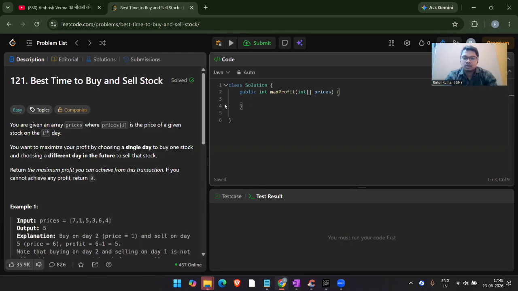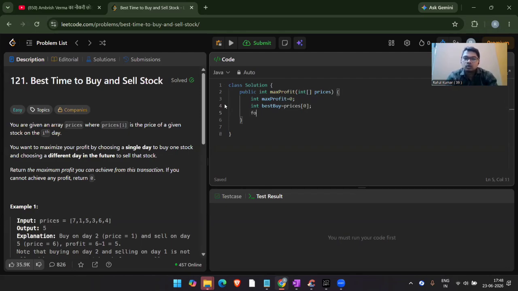Okay. So first of all, I'll define a max profit. Max profit is equal to 0. And I will define one more variable, that is best buy. Best buy is equal to prices of 0th index. It will start from 0.